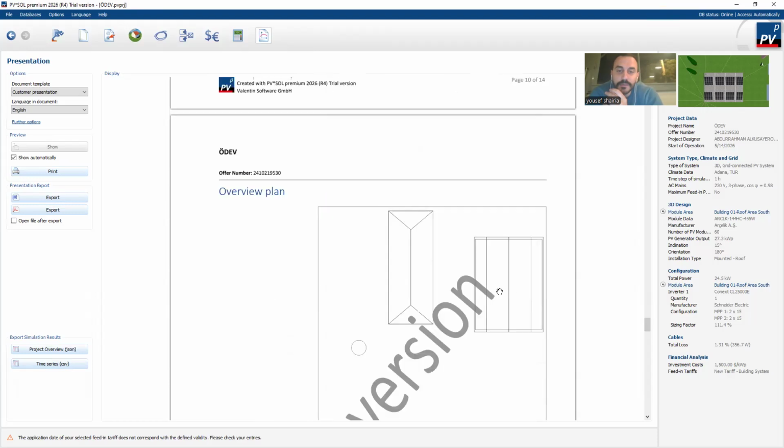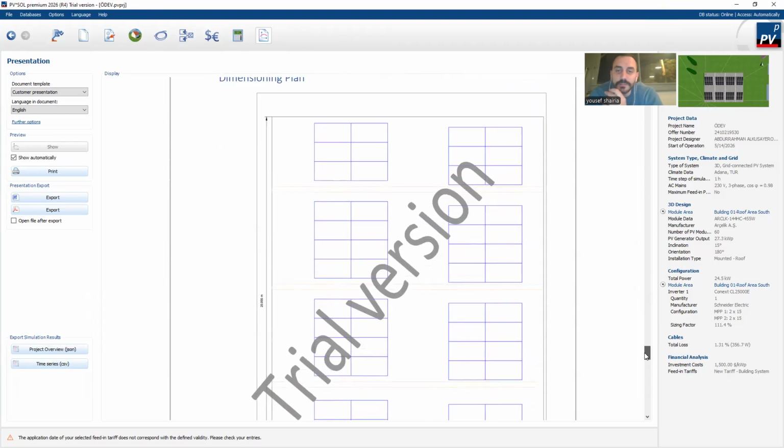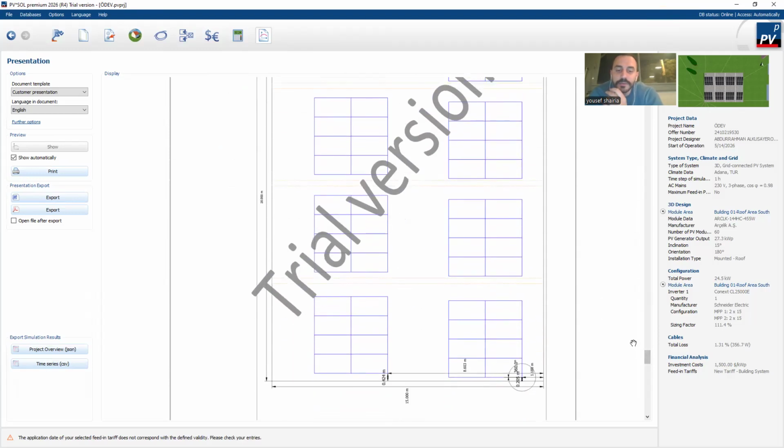Okay, now in the next one, as you see in page number 11 and page number 12, they show the overview plan and dimensioning plan of the roof layout. You can see how the 60 panels are organized into groups across the roof surface with proper spacing to allow for maintenance and air circulation.